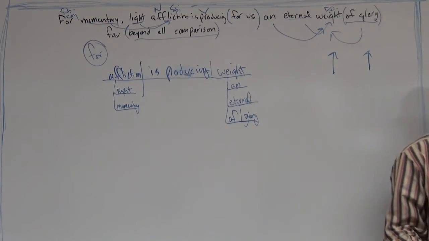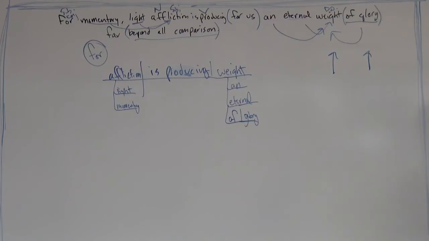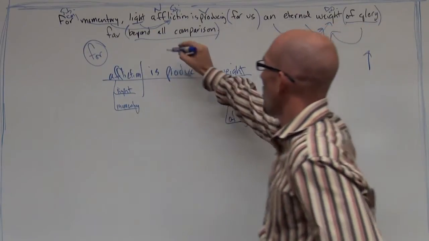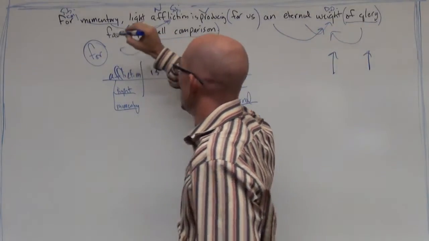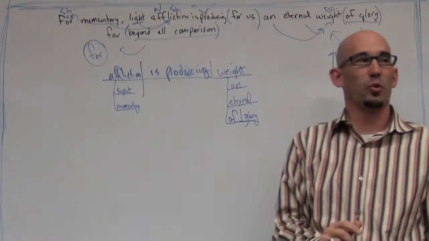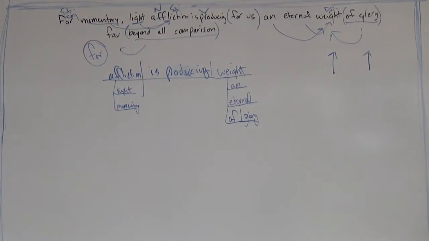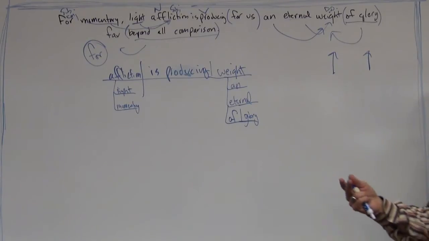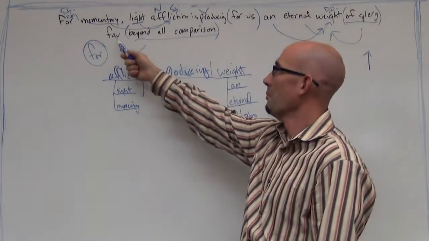We'll have to make a decision. Anybody have another thought besides adjectival? Could it be describing far? Okay, can it describe far? What is far? Far is an adverb. What do adverbs modify? Adverbs, adjectives, and verbs. Yep. What is far modifying?